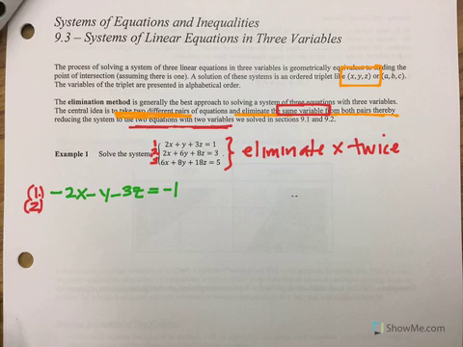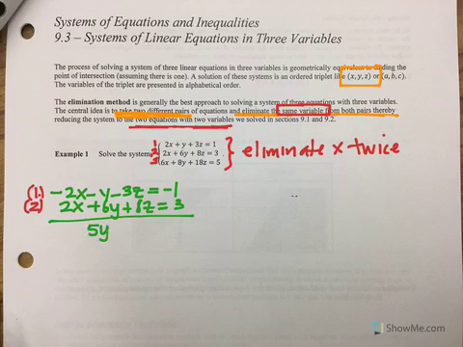I'm going to leave the second equation as is, and use the elimination technique to get the x's to cancel. So this is going to become 5y plus 5z equals 2.